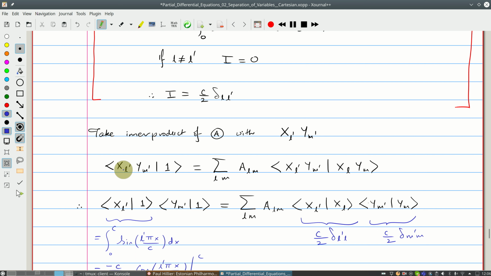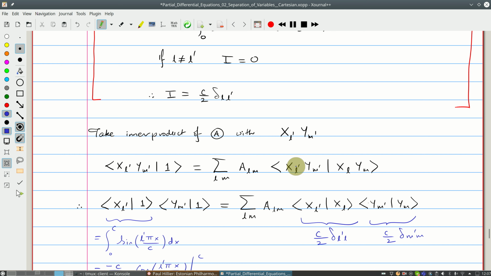We have the inner product of x L prime, y m prime with 1, because there's a 1 on the left hand side, and that's equal to the sum over L and m of the inner product of x L prime y m prime with x L y m.